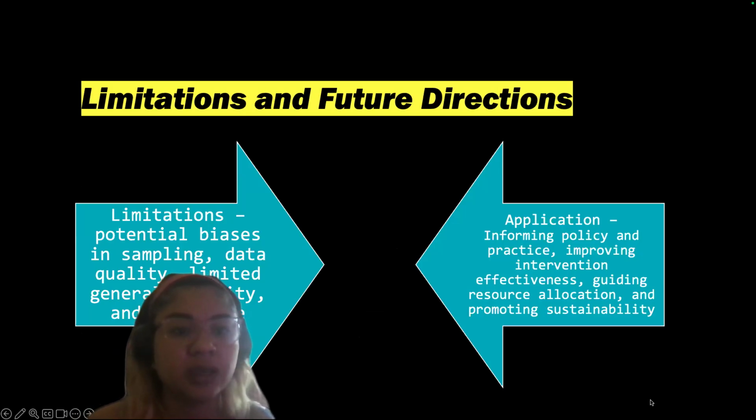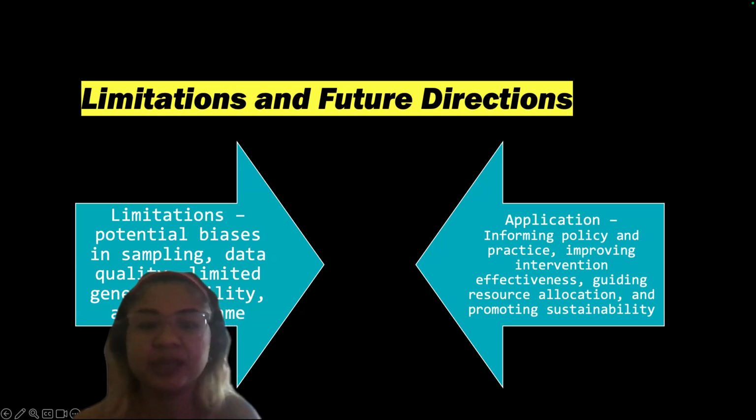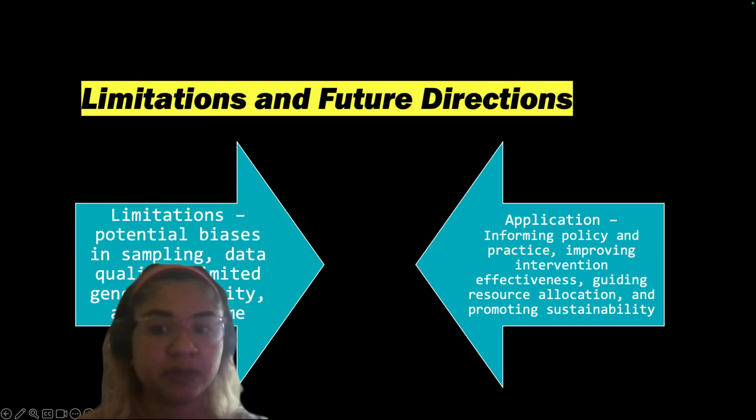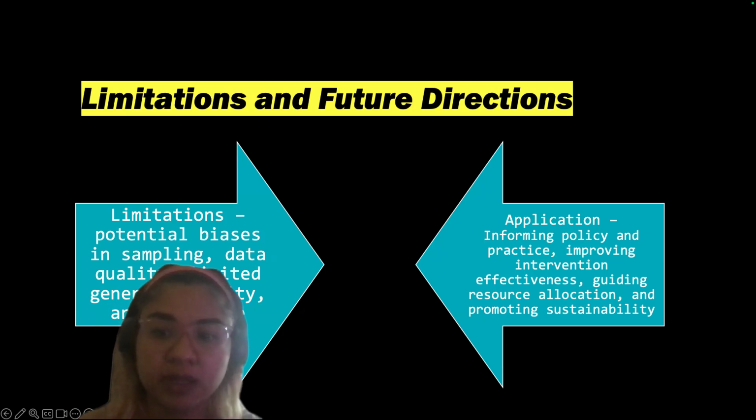So, limitations and future directions. Limitations include potential biases in sampling, data quality, limited generalizability, and time frame. So for sampling biases, participants may not be representative of the larger population of low-income communities.